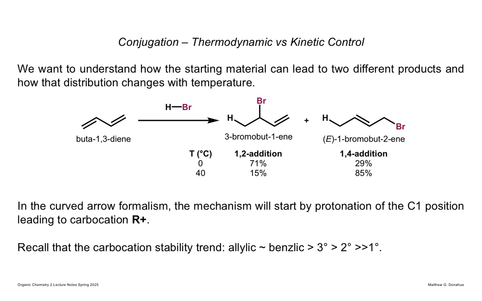So as we saw in the mechanism, we're going to protonate carbon 1 because that's leading to the most stable carbocation, which we said was secondary and allylic. So you'll want to review this stability trend as we move through the semester to understand how we can arrive at predicting what is major versus minor.